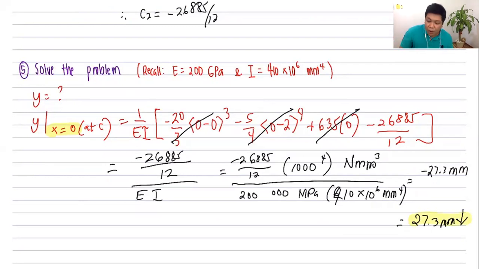So that is how you solve problems if we are dealing with different reference sections. So those are some examples of how you can solve or use the double integration method. I hope you were able to understand these examples. I hope you were able to understand the concepts.